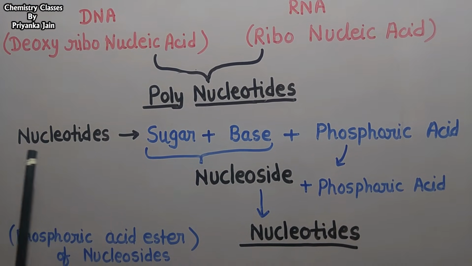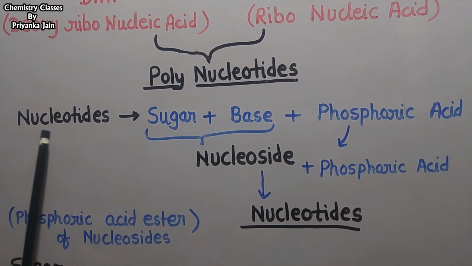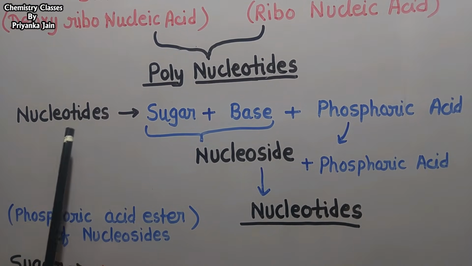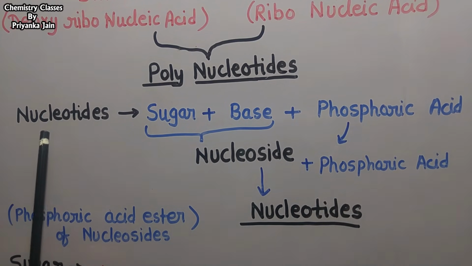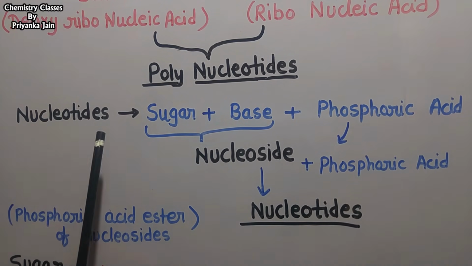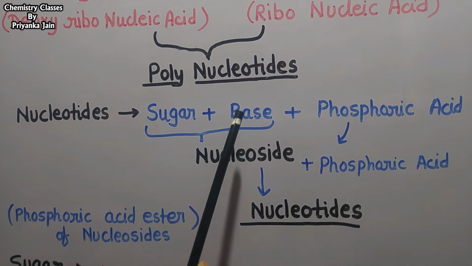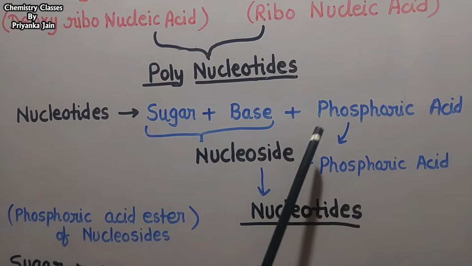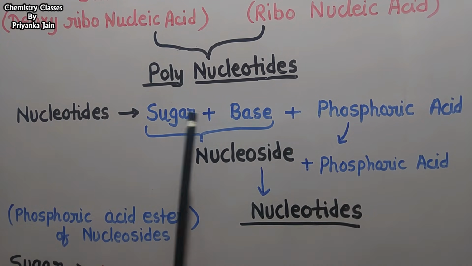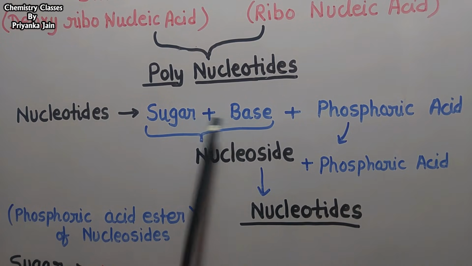If we see the components of the nucleotides, if we hydrolyze it, then we know that the nucleotides consist of three basic units. These are a sugar, that is a pentose sugar, a base, that is a nitrogenous base, and the phosphoric acid. Firstly, this sugar and the base combine.